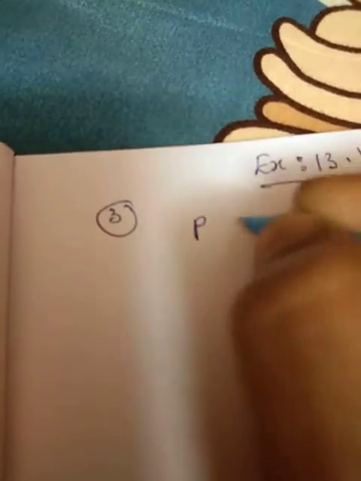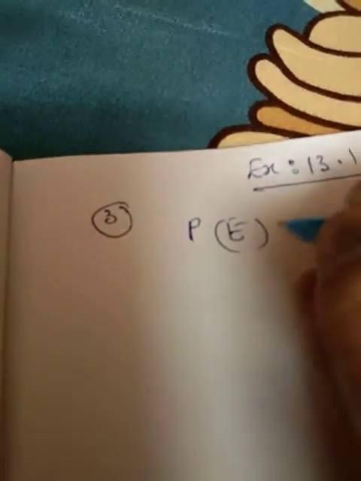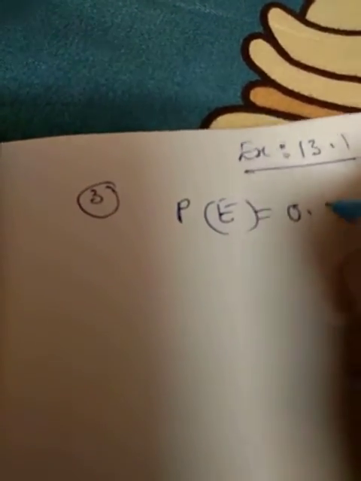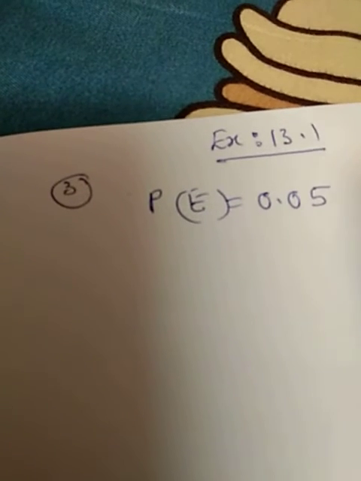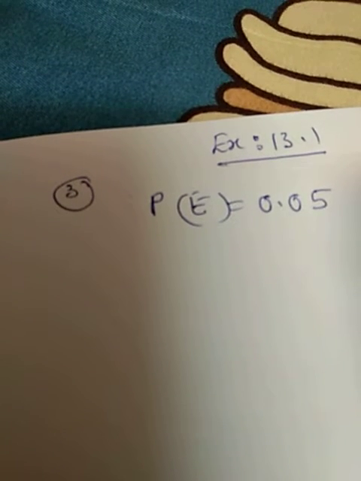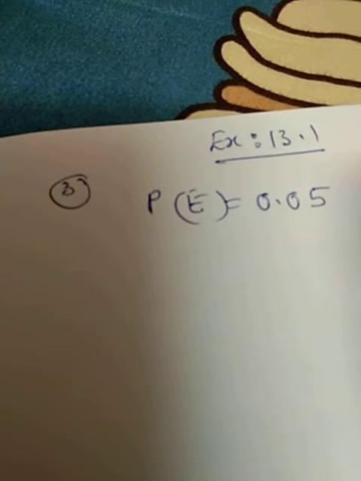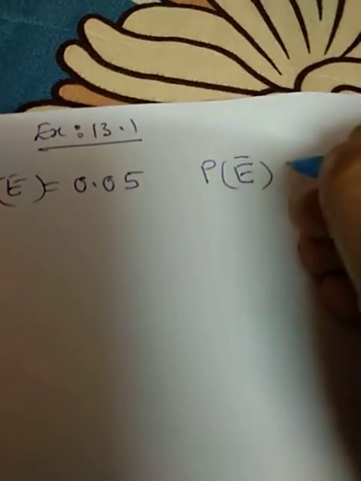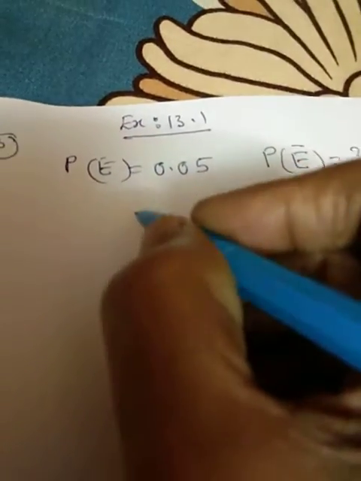If P of E is equal to 0.05, you have to find the probability of not E. Not E means P of E bar, and you have to find this one.